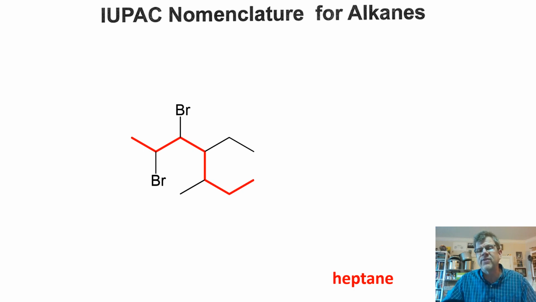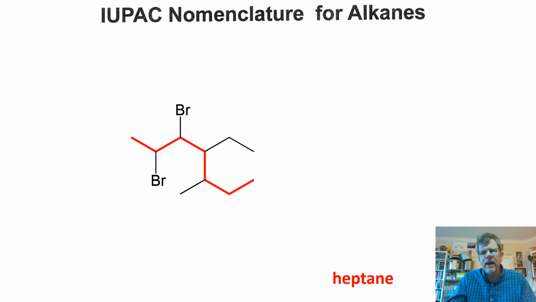It turns out to be 7 carbons, so that is our parent structure, heptane, and we put that at the very end, as we saw before, the heptane. Now, I've made that parent chain red on my structure. Everything that is not parent structure is now substituents. And we have a lot of substituents here. We have a couple of bromo groups, we have a methyl group, we have an ethyl group.